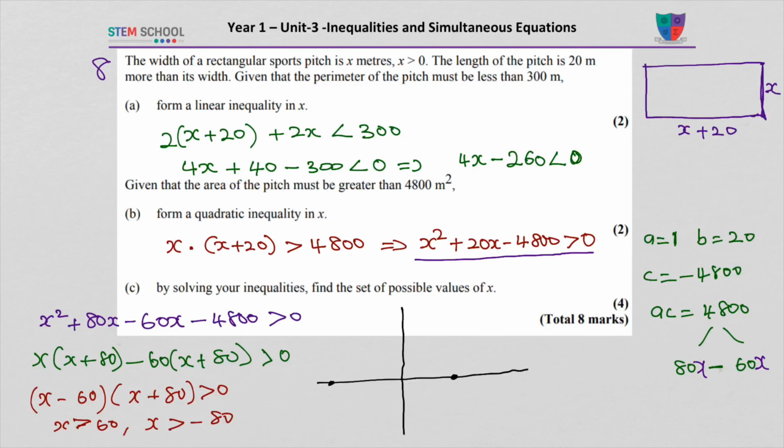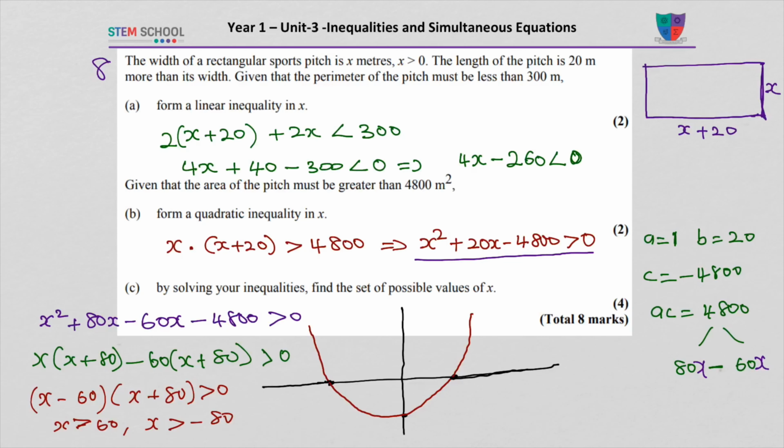So when I'm sketching the curve, because it's a positive curve, going like that, but we want the value of x greater than 0. So it's not going to be equal to any of those values.